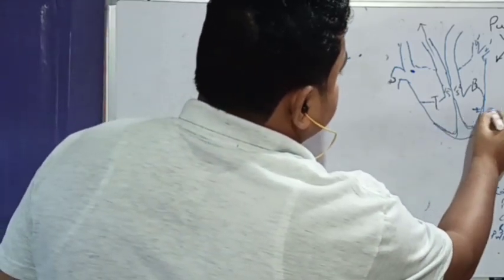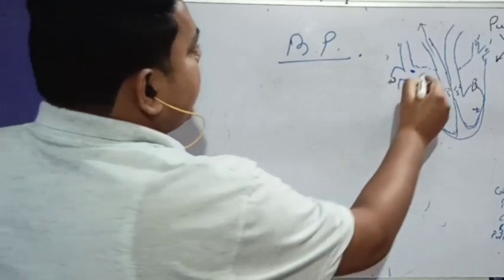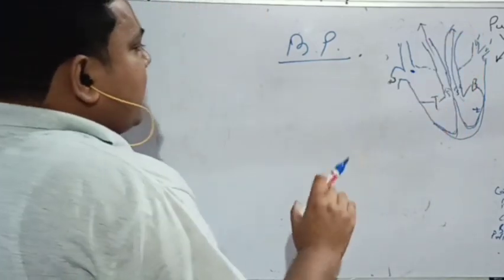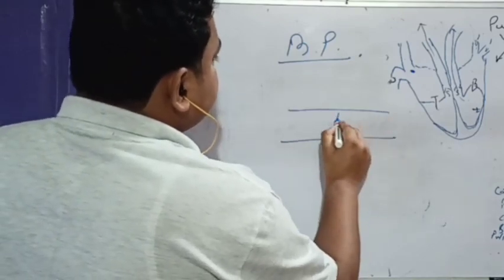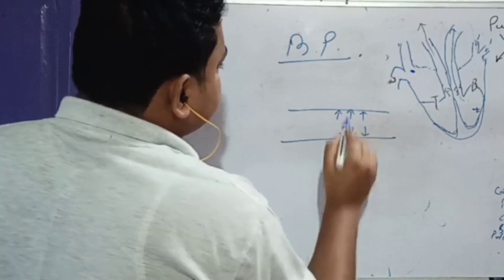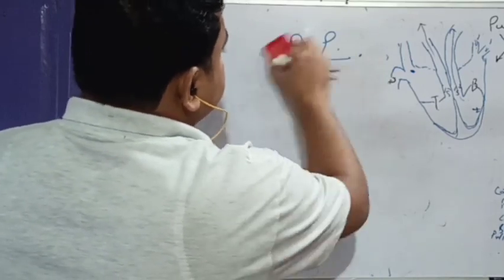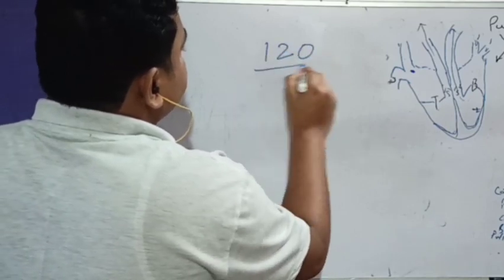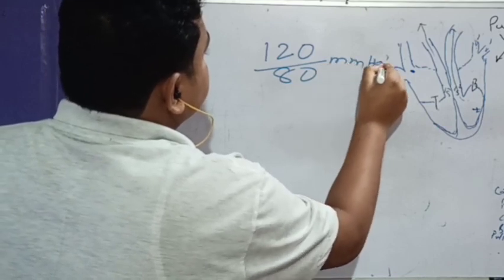The left ventricle pumps the blood through the aorta towards the whole body, and the lateral pressure exerted on the arteries is known as blood pressure. Is it okay? And normal blood pressure is 120 upon 80 or 120 by 80 millimeter of mercury.